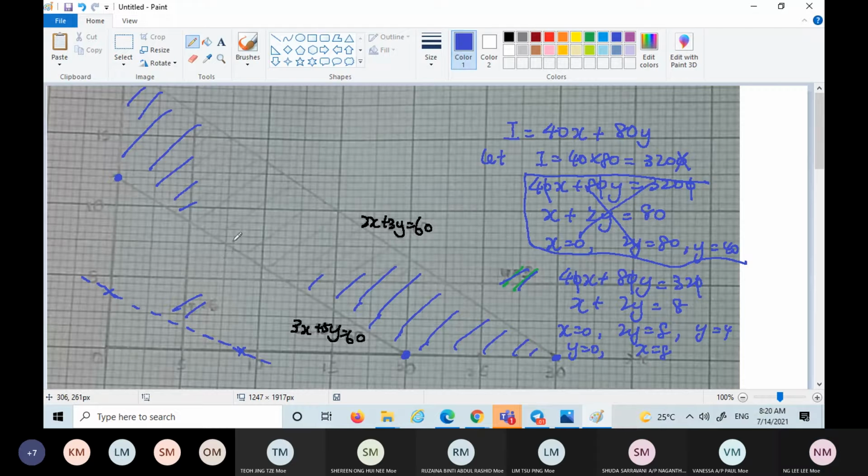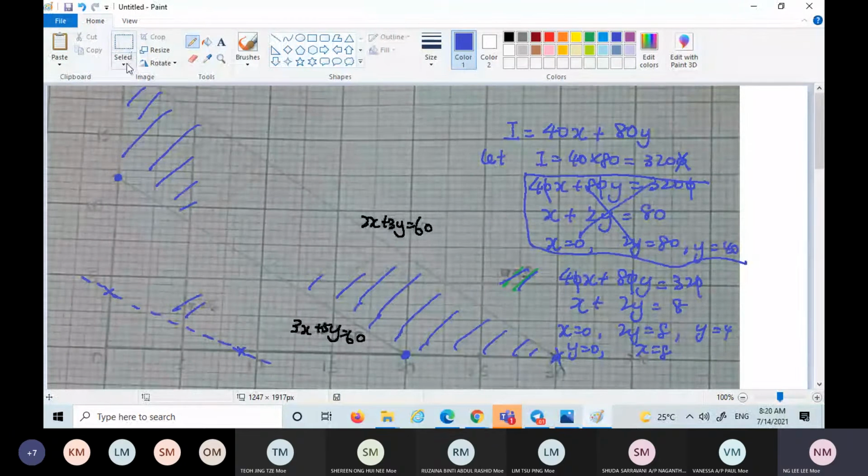When you enter the region, you pass these 2 points, and when you leave the region, I think it will be at this point. Let's say this point will be the last. So you just test this point and this point, the point at the y-axis.